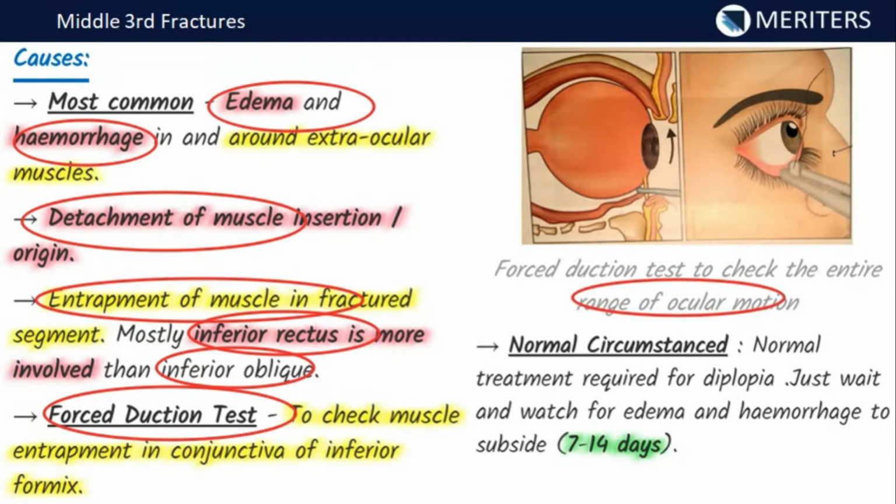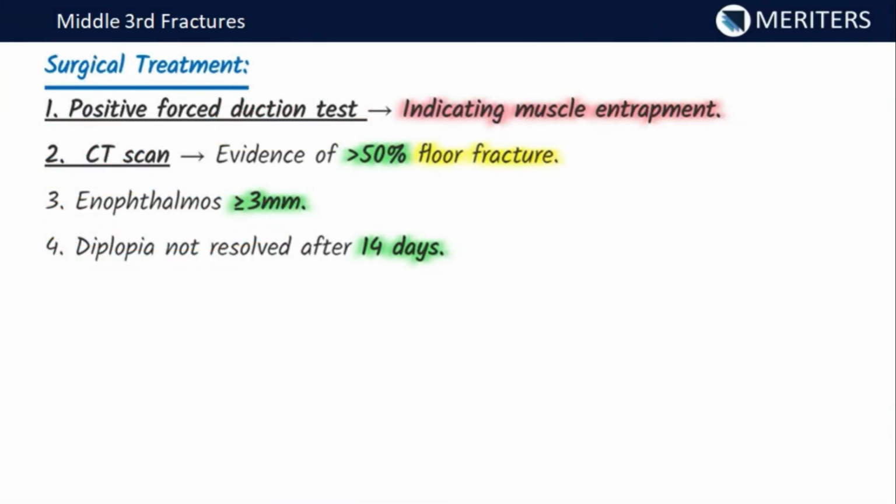Normally if there is any diplopia, the treatment required is just to wait and watch for the edema and hemorrhage to subside, which can take 1 to 2 weeks, and after this subsides the diplopia will be resolved. If diplopia is not resolved in 14 days, then we can consider surgical treatment.